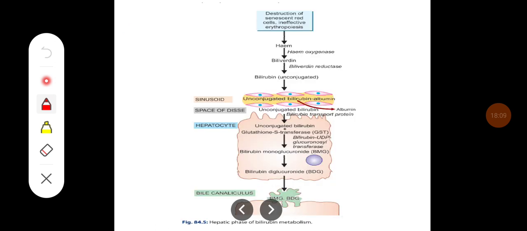Okay, so after destruction, the heme gets converted into biliverdin, then into bilirubin, which is unconjugated, that is, it forms a complex with albumin.